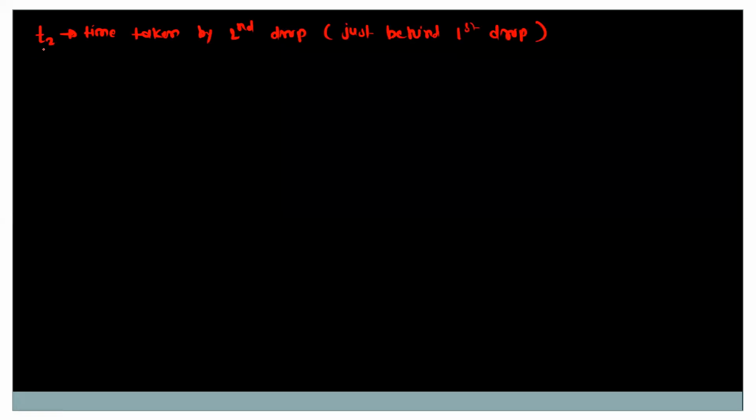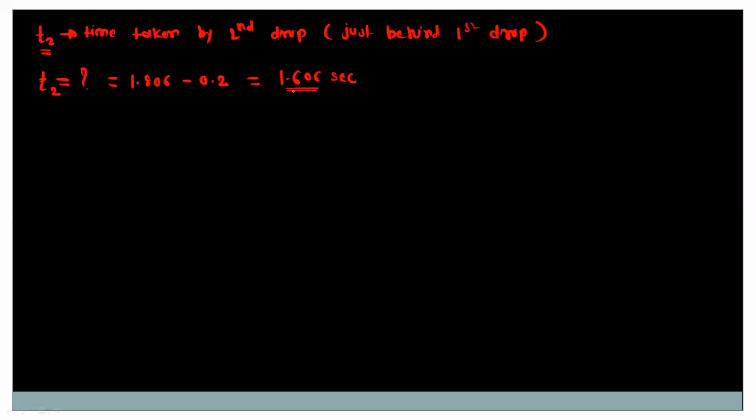How can we find out the t2 value? Yes, you can give the answer. What is the value of t2? t2 is 1.806 minus 0.2 second, so this is 1.606 second.